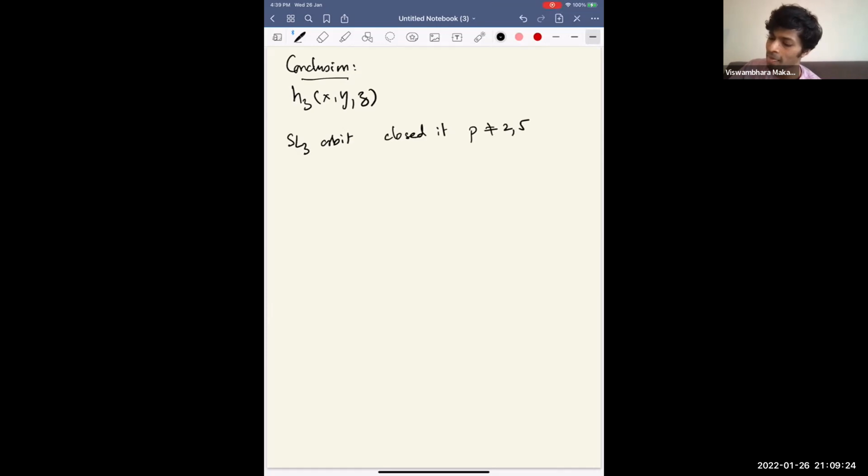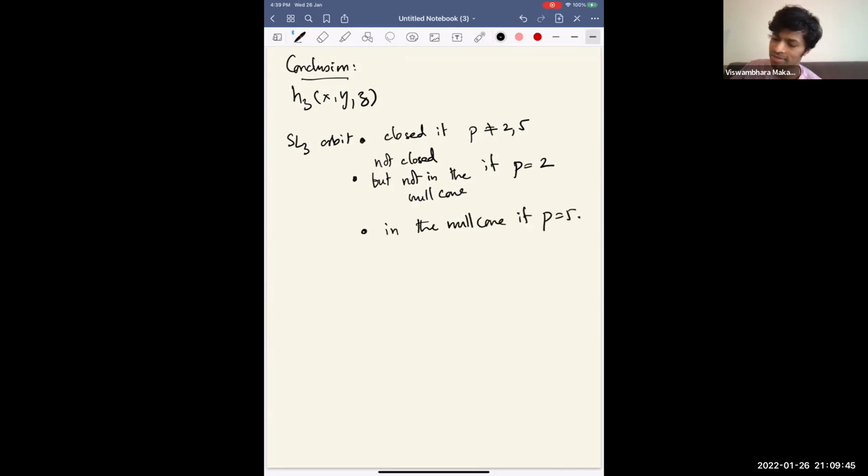It's not closed, but not in the null cone, if P is equal to 2, and in the null cone if P is equal to 5.